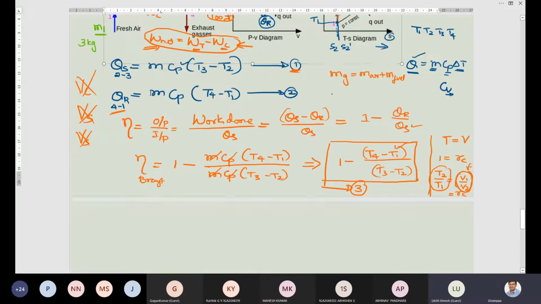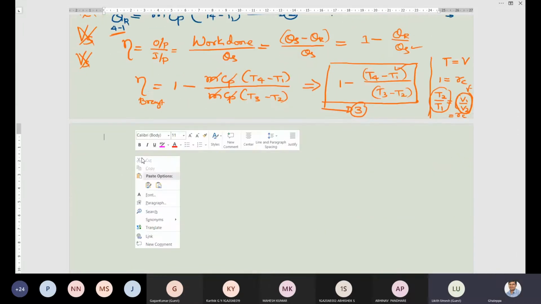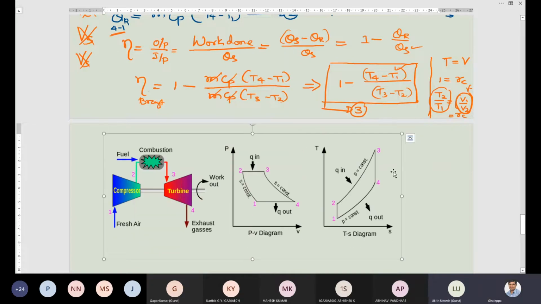Look at this diagram. P1 will be known for us. P1 is the pressure of the air at the entry of the compressor, and T1 is also known. We don't know T2, we also don't know T3, and T4 will be known because it is going to the atmosphere. We can measure T4 also.